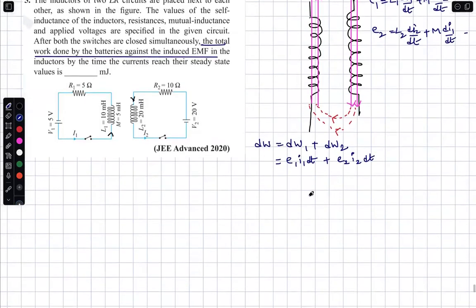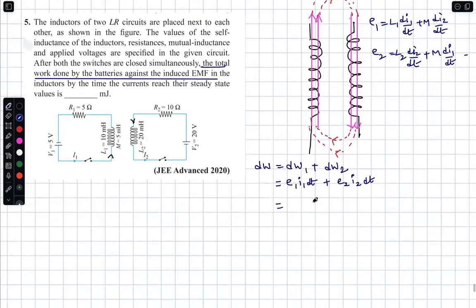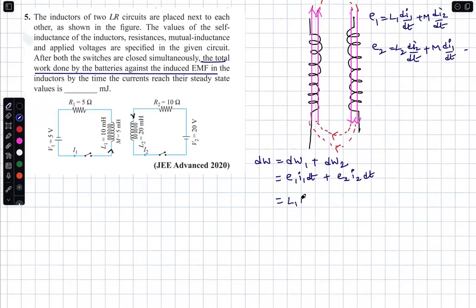So by the way, what am I going to get? The moment I substitute everything over here, I'll get L1 I1 di1 plus M I1 di1 plus L2 I2 di2 plus M I2 di1.